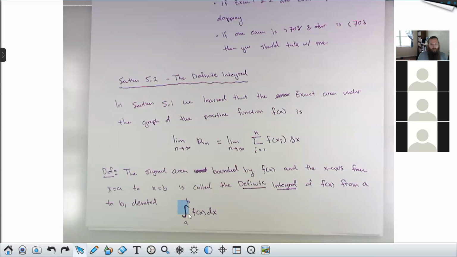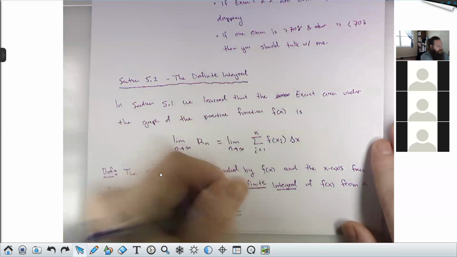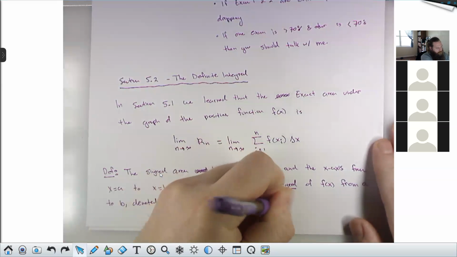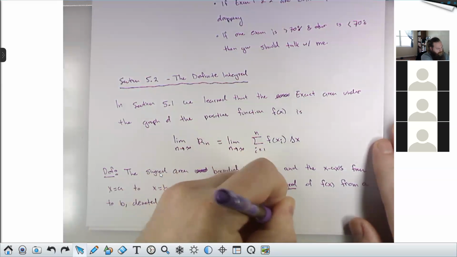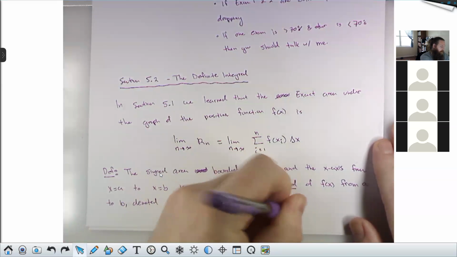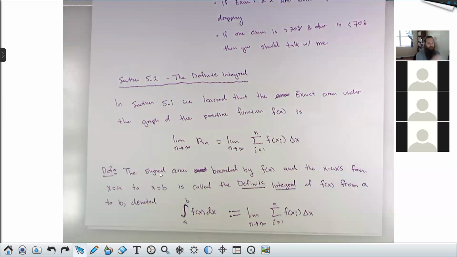It's just that this sum is a continuous one. And it is defined to be, so this equal sign with a colon on the left means is defined to be equal to the limit as n goes to infinity of the sum from i equals 1 to n of f of xi times delta x.